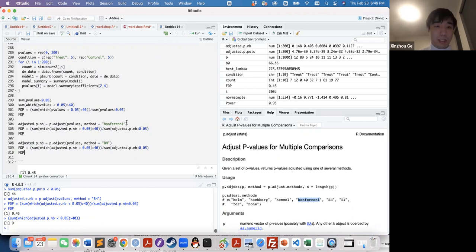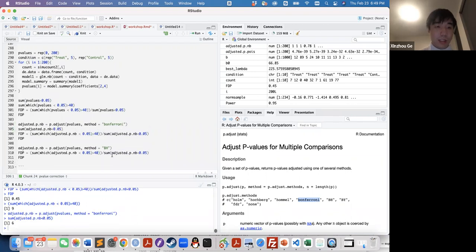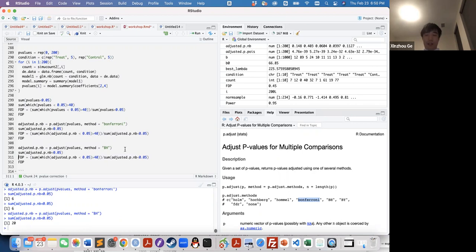For the Bonferroni correction, the total number of discoveries was 6, but if we use the BH procedure, the total number of discoveries will be 20. So we will have more discoveries, and a smaller false discovery proportion for this case if we use the BH procedure.